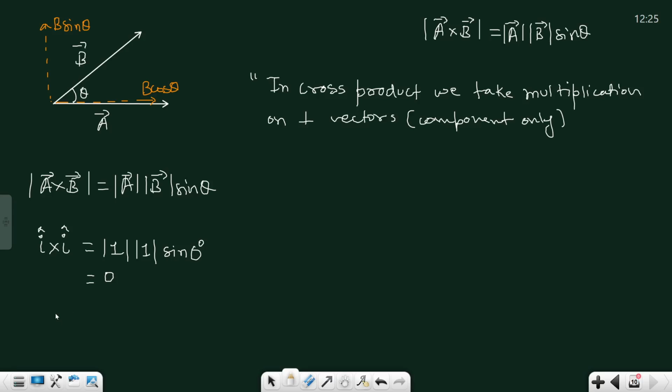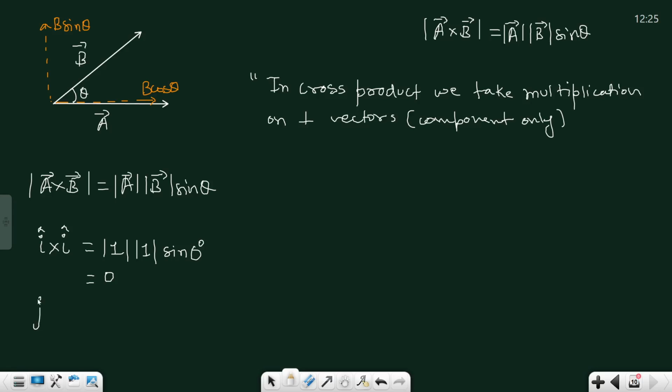This is the magnitude of I cross I. We are applying this formula, A cross B, so for I cross I you write magnitude of I into magnitude of I into sine 0. Sine 0 is 0. Clear? Is it clear?